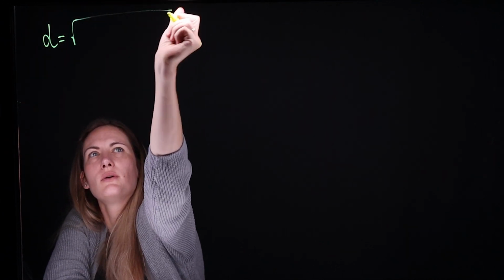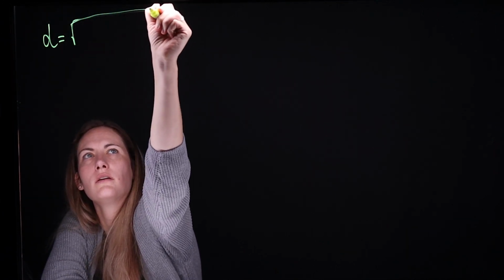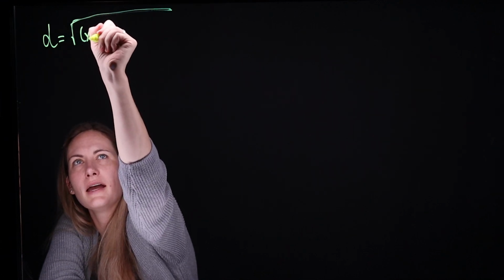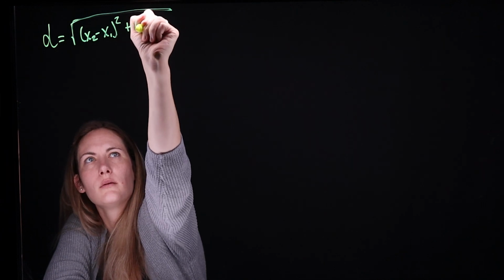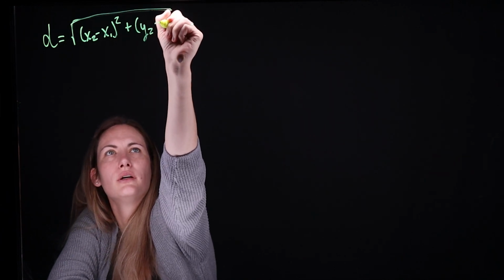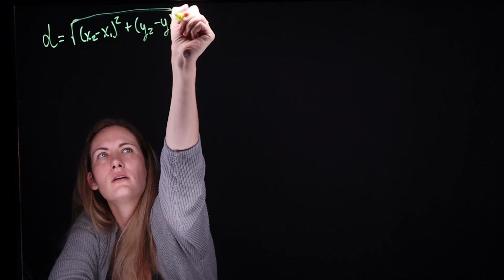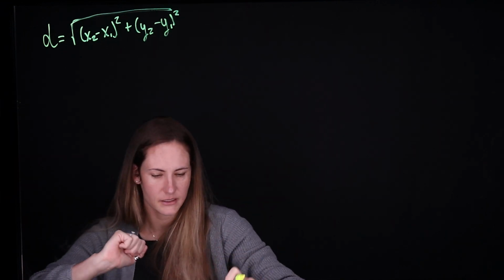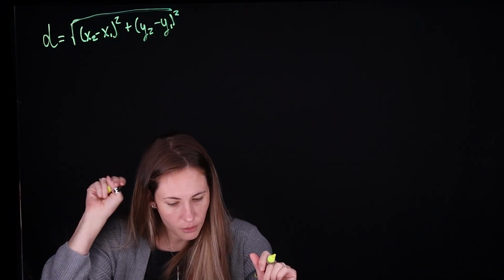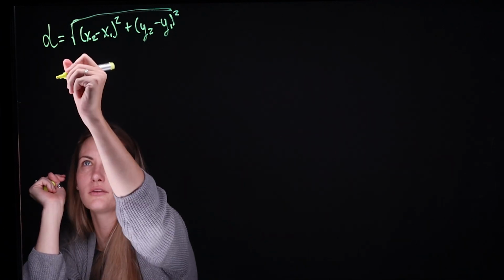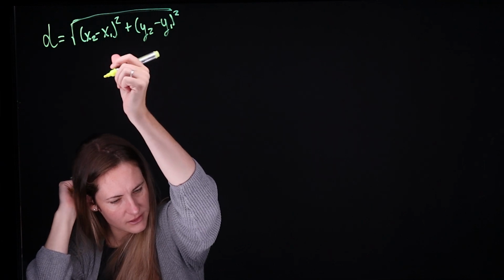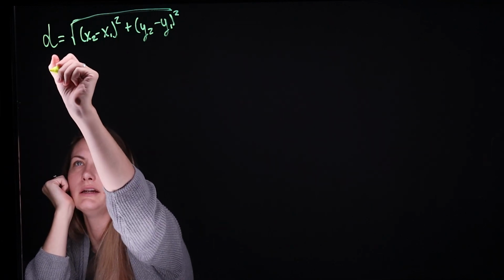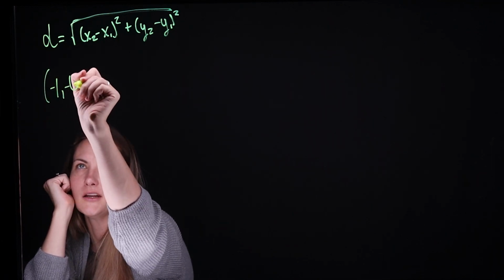Distance equals the square root of (x2 subtract x1) squared plus (y2 subtract y1) squared. They tell us find all points having an x-coordinate of 3 whose distance from the point (-1, -6) is 5.